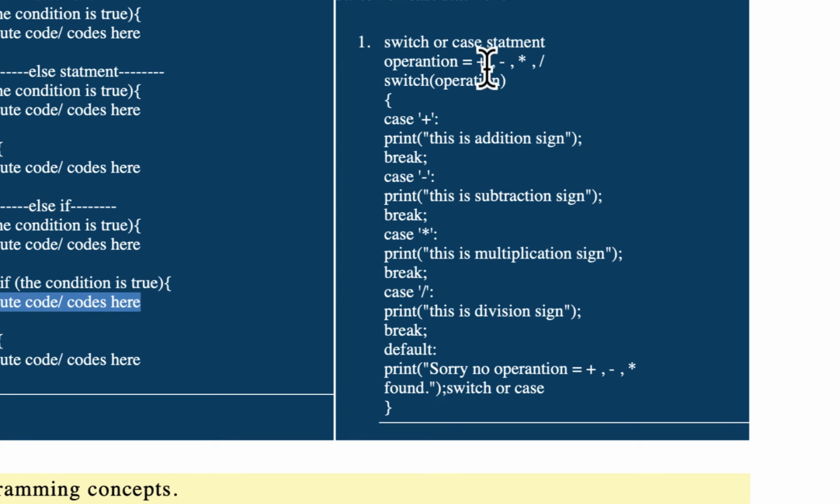If the user selects plus, which is addition, we want to execute something: we want to add two numbers together. If the user selects plus, here we add numbers 1, 2, 3, 10 numbers, and after we add this one, we break.